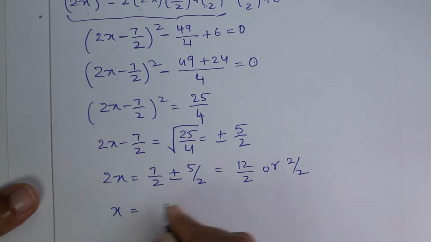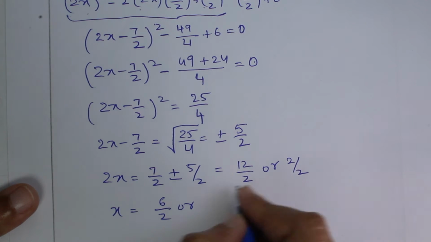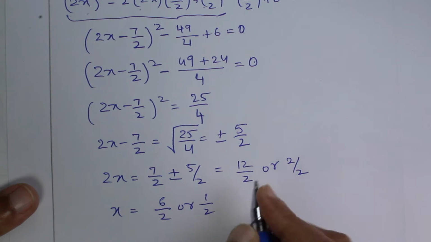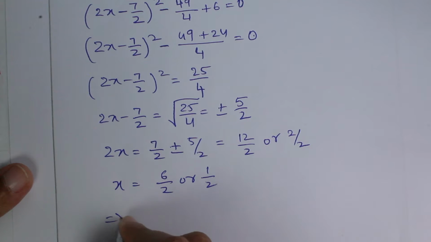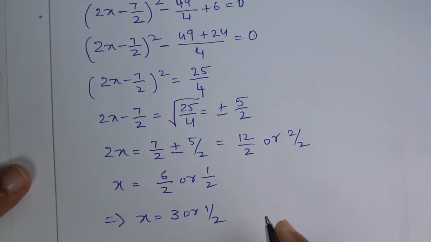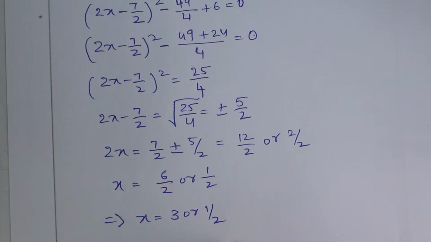So x is equal to 12 by 2 is 6, 6 by 2 is 3, or 2 by 2 is 1, 1 by 2. That implies x is equal to 3 or 1 by 2. Okay, these are the two roots for the equation.